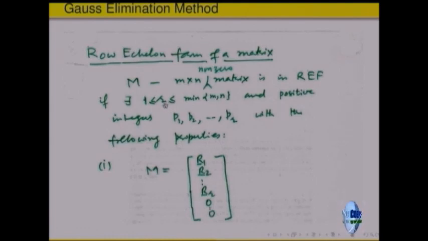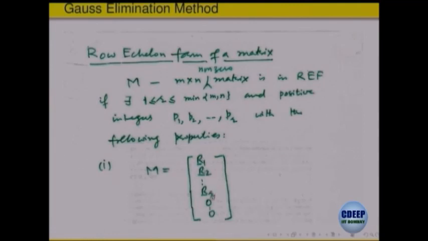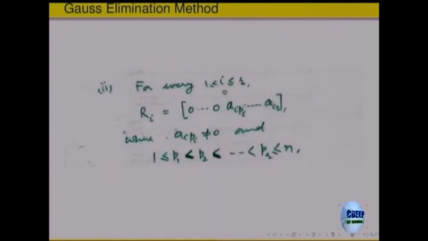Okay. So, what is the next one? Now, we want to describe these non-zero rows. So, I am going to describe these non-zero rows now. So, pick up any one of them. Call it row i, i is between 1 and r, this is a non-zero row. How does it look like? It looks like 0 0 0 0.